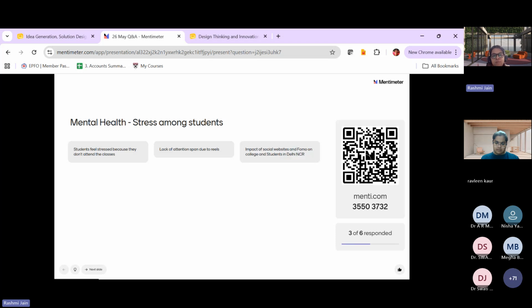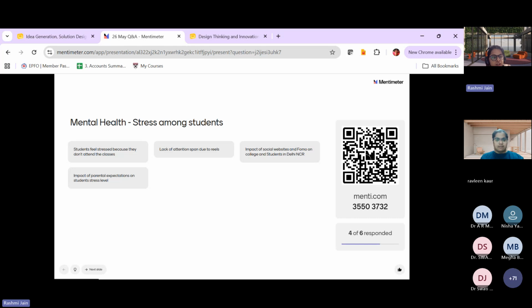This is a good one: impact of social websites and FOMO on college students in Delhi NCR. Yeah, that's a good way. And if we want to, it's up to you because it's your research paper, whether you want to keep your research specific to Delhi NCR or Pan India. That's up to you.